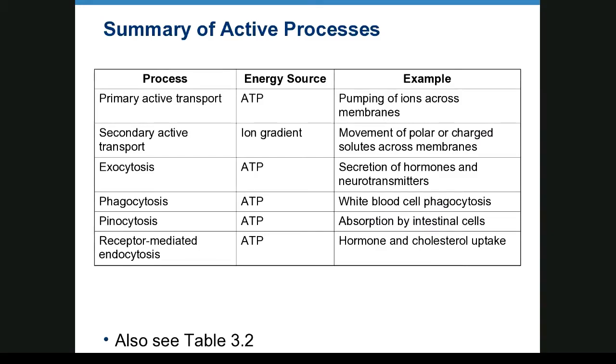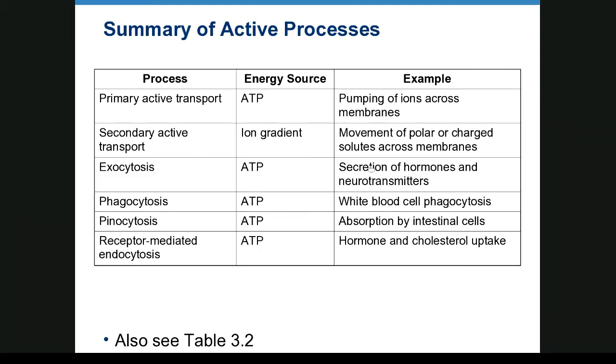Okay, summary of active processes. All of them use ATP except secondary active transport. The molecules just follow an ion gradient. So primary active transport: pumping ions across the membrane, the sodium-potassium pump.